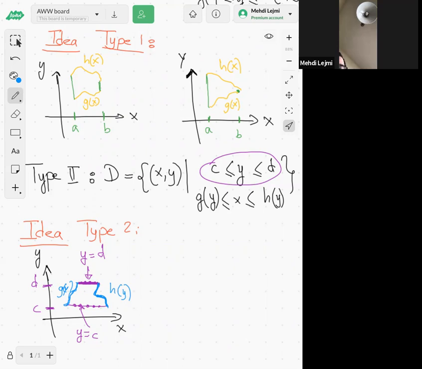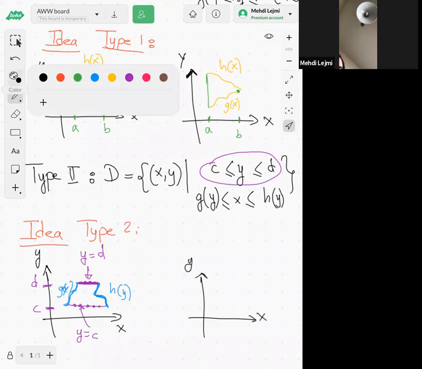Of course, instead of a segment at C or at D, you can have a point. So, for example, again, here's the y-axis, x-axis, and here's your C, here's your D. So you can have, for example, a point at C, a point at D, and then you're going to connect these 2 points.